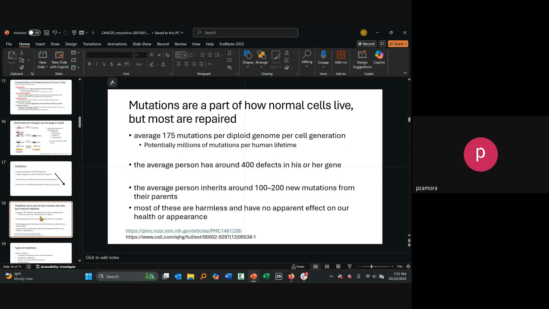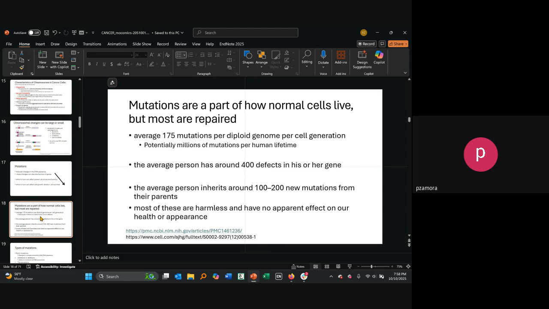But I want to make sure that we put this into perspective. Mutations are a normal part of how cells live, and most mutations that occur in our bodies are actually repaired. There's an average of about 175 mutations per cell generation. So every time a cell divides, you get about 175 mutations normally.